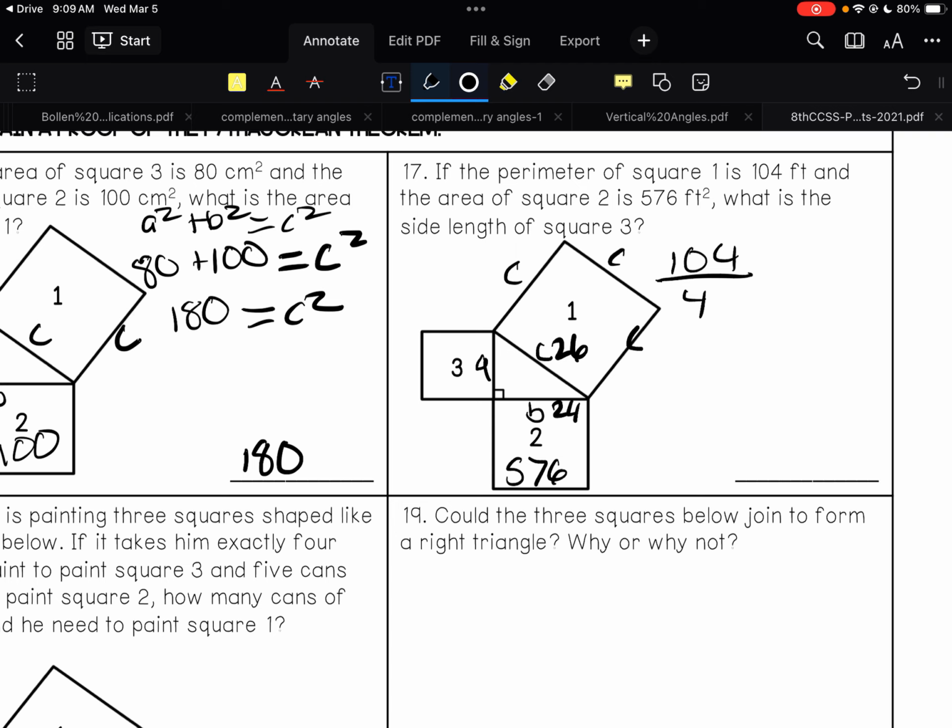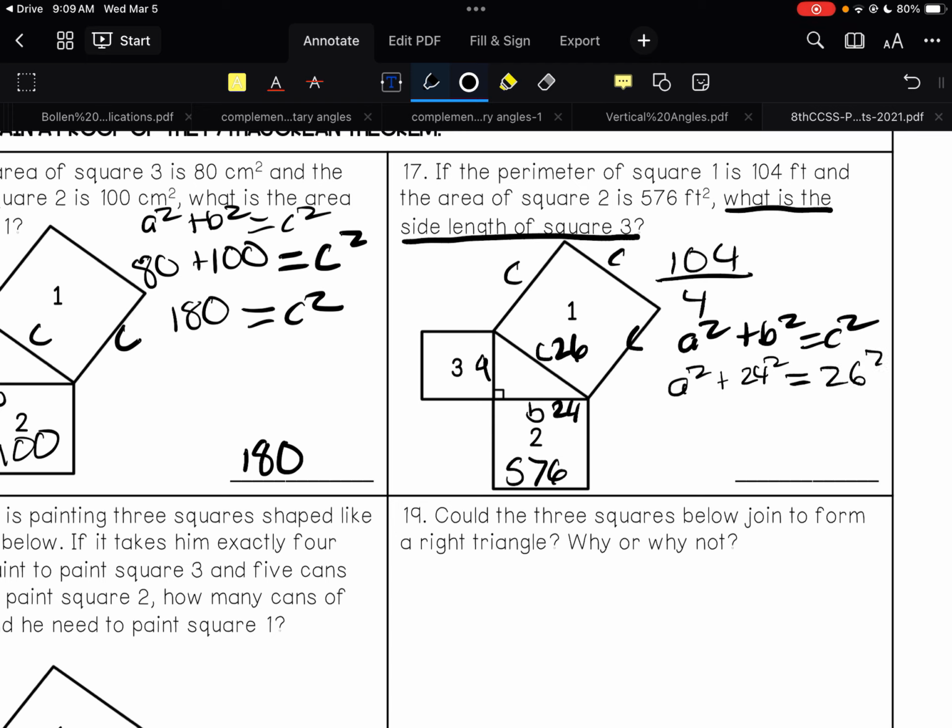So then you can use your A squared plus B squared equals C squared to find the length of side 3. Go ahead and do that. A squared plus 24 squared is equal to 26 squared. 24 times 24 is equal to 576. 26 times 26 is equal to 676.